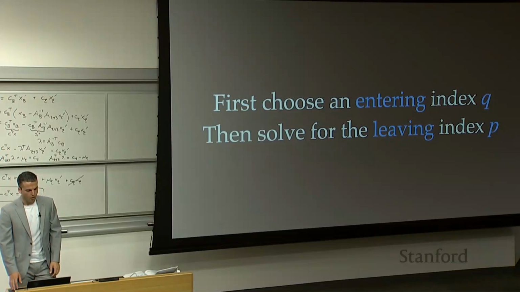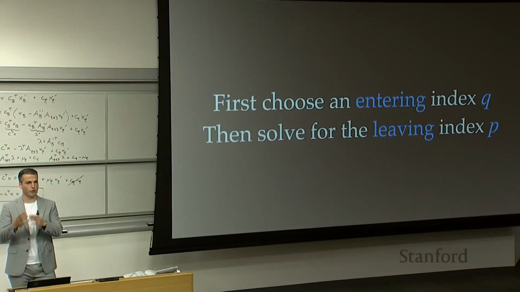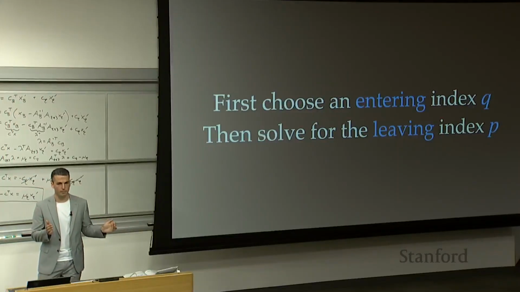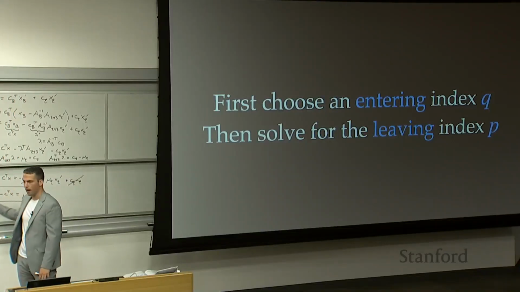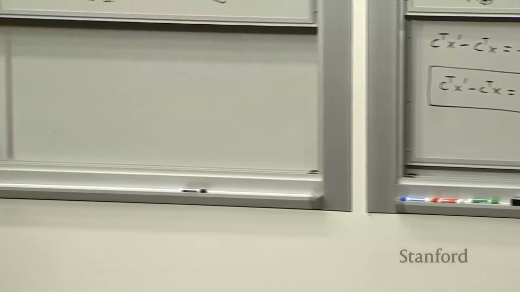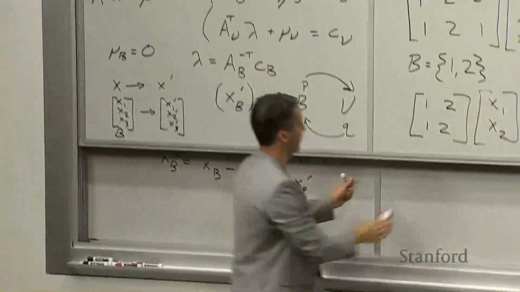Okay, so recall what we're doing here in this phase 2 of the optimization. We're first choosing the entering index Q. We're then solving for the leaving index P that corresponds with that Q. Okay, so we have one last step here. We now know how we're going to choose our xq prime, but now we need to know how we're choosing our P. So I'm going to erase this part here.